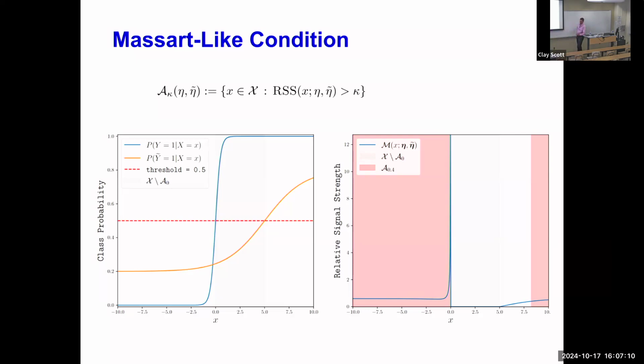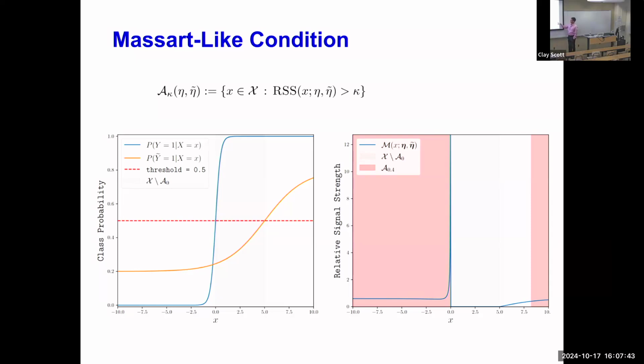Suppose this is our posterior drift problem. Here's the line 1/2, which determines the Bayes classifier. This horizontal axis is my input domain. The shaded region is where the two Bayes classifiers differ, the noisy and the clean Bayes classifiers. Everywhere else they agree.